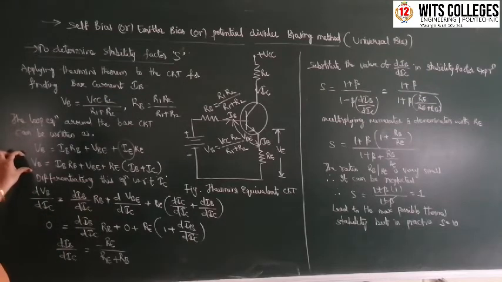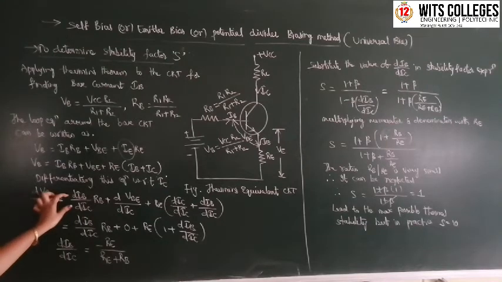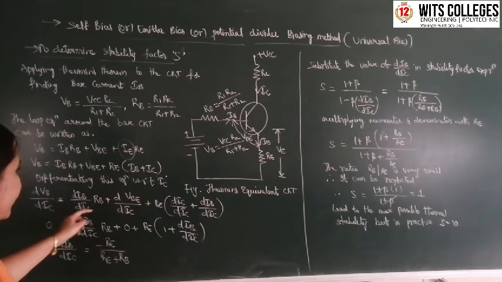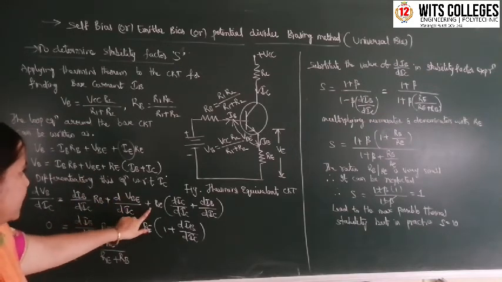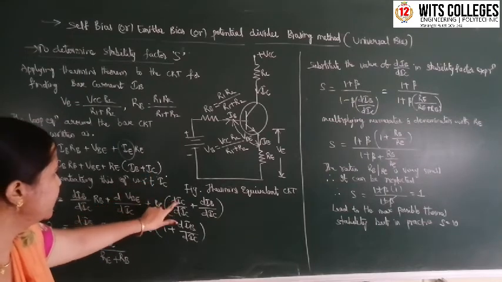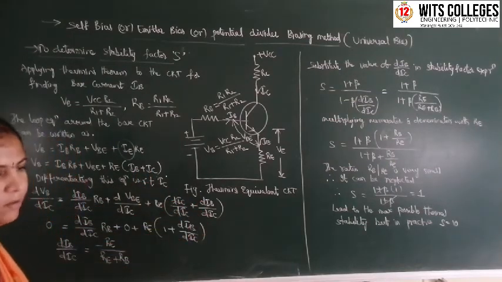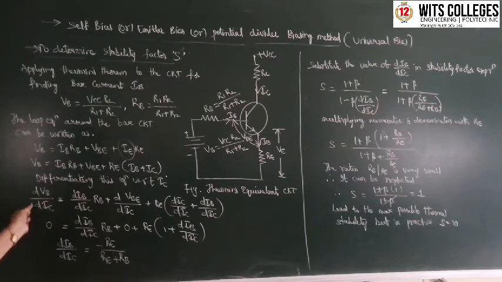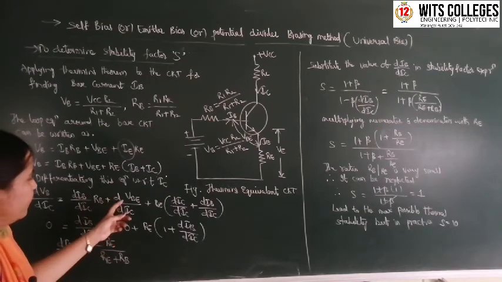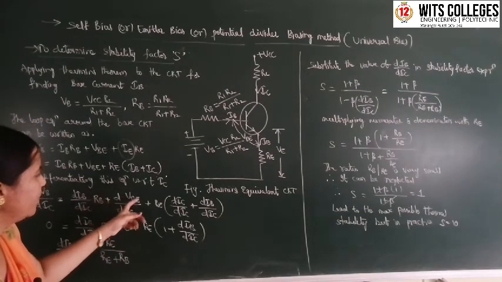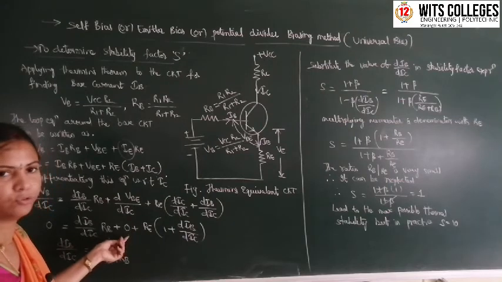So differentiating this equation with respect to IC, you will get dVB by dIC equals dIB by dIC into RB plus dVBE by dIC plus RE into dIC by dIC plus dIB by dIC. The derivative of VB with respect to IC is 0, and the derivative of VBE with respect to IC is also 0.